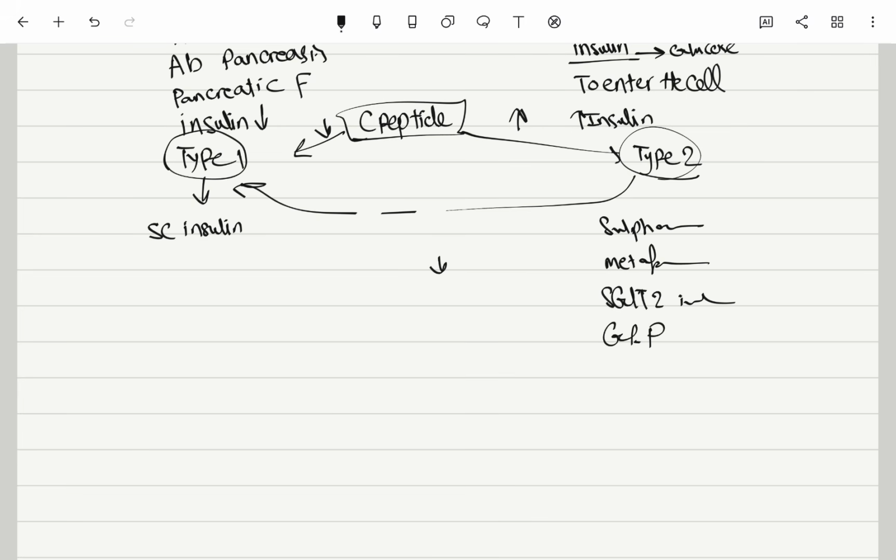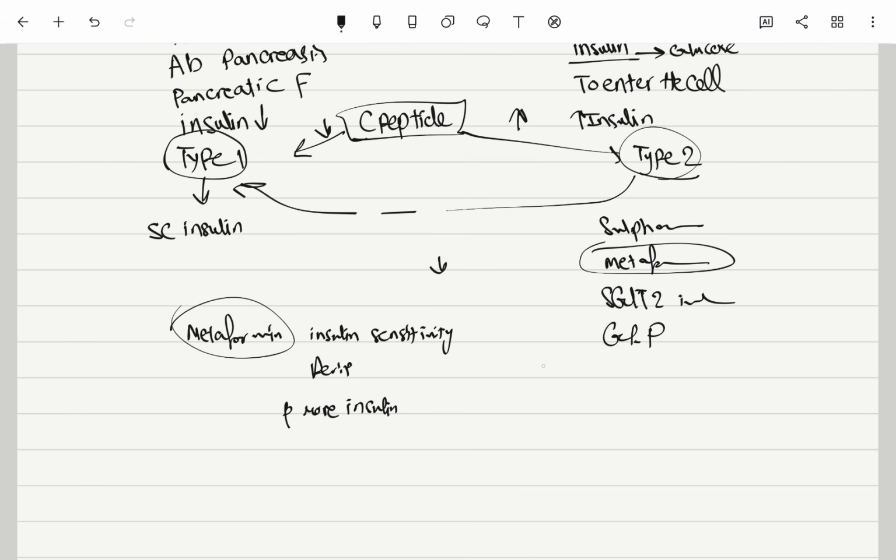The most important one is metformin. Metformin acts by increasing insulin sensitivity in the peripheral tissue and makes the beta cells secrete more insulin, but it has a lot of side effects like vitamin B12 malabsorption, and it is contraindicated in patients with metabolic acidosis, as it causes lactic acidosis.